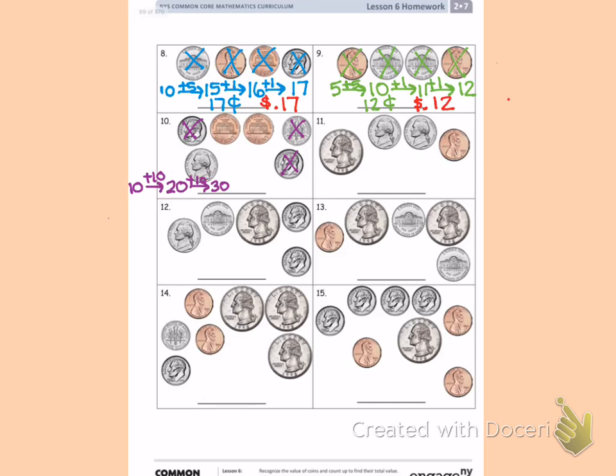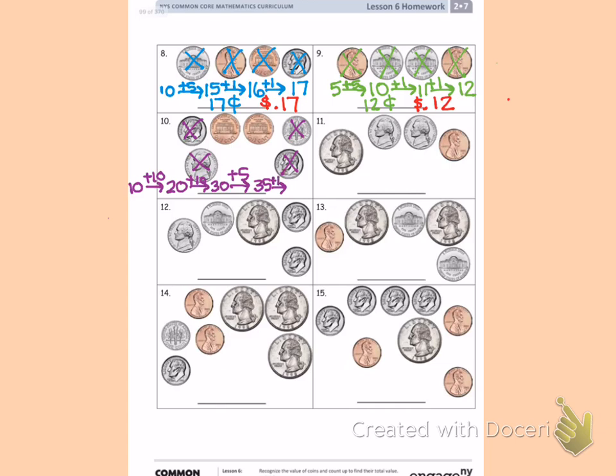I don't see any more dimes, but I do see a nickel. Now I will add 5. The value of a nickel is 5 cents. Don't forget to cross it out so you don't add it again. 30 plus 5 is 35. Next, there is a penny.